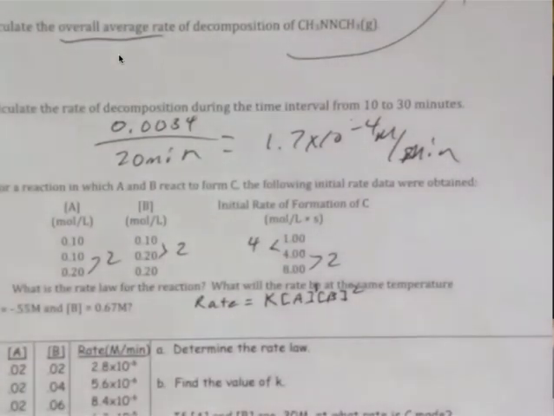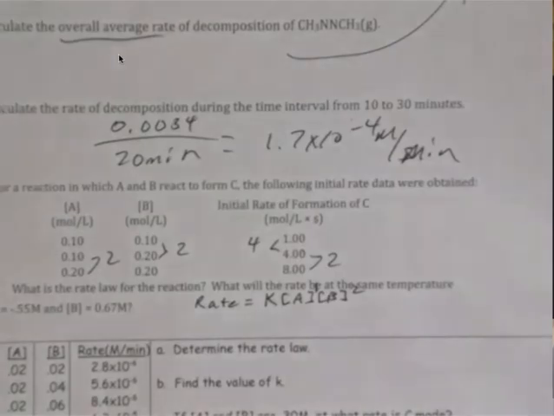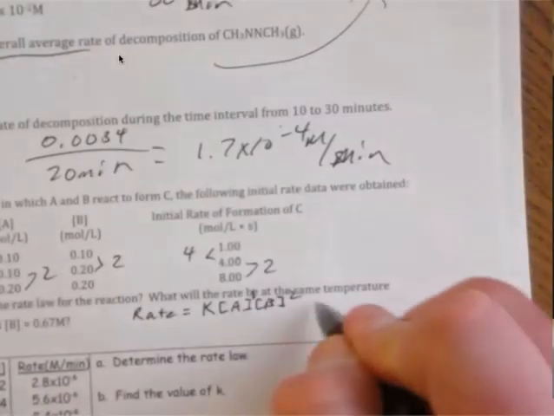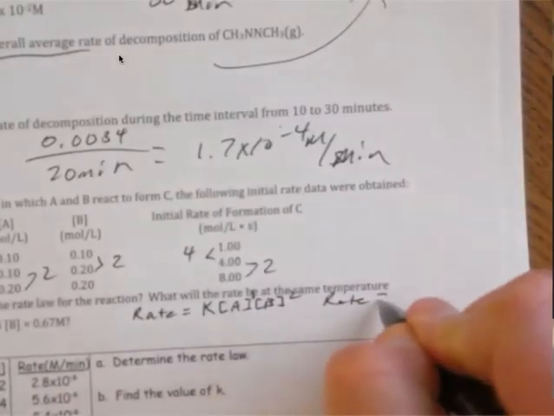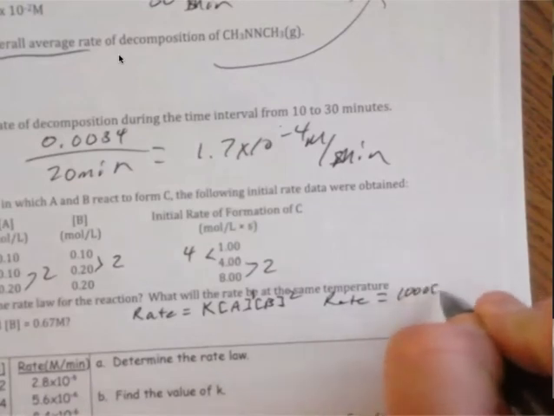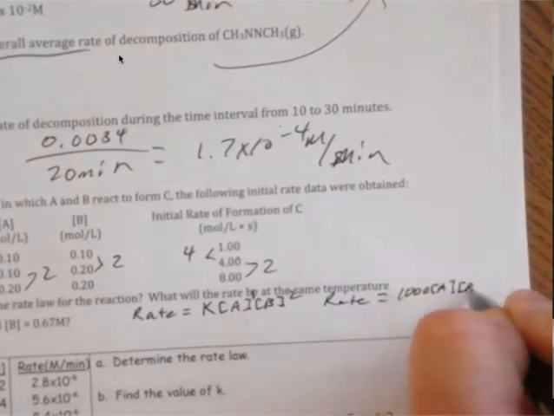Well, we take trial 3, 8 divided by 0.2, divided by 0.2 to the second. Got 1,000. So the rate law, the rate equals 1,000 A B squared.